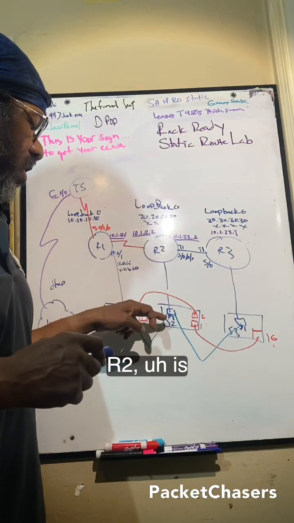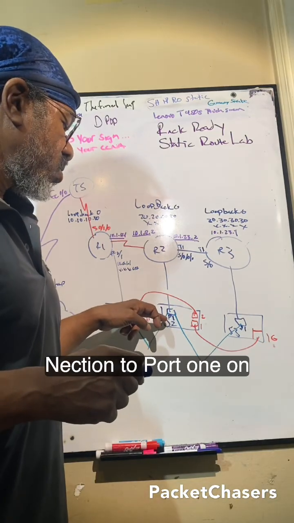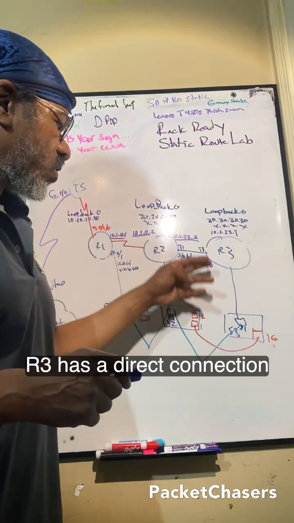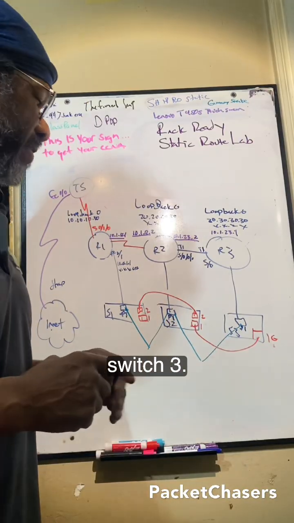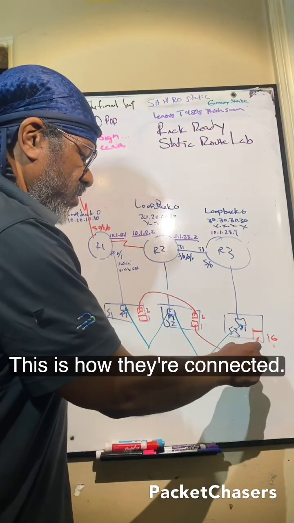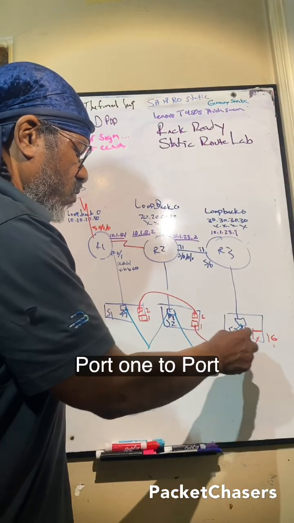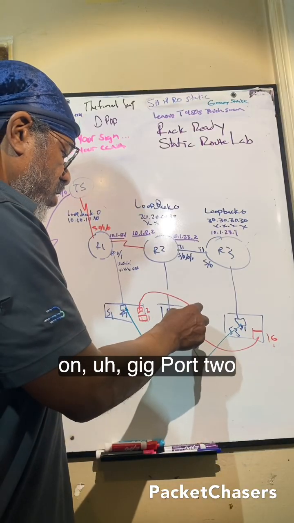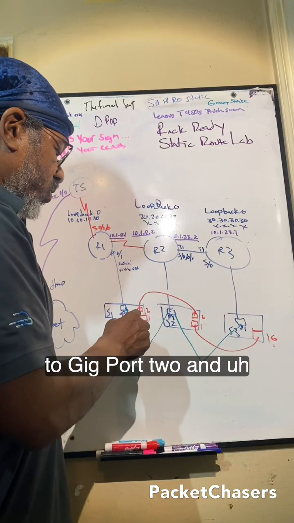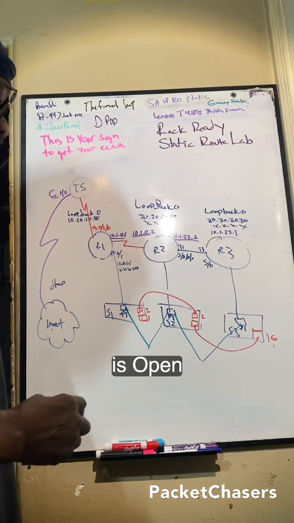R2 has a direct connection to port 1 on switch 2. R3 has a direct connection to port 1 on switch 3. These are 1 gig connections. Switch 3 to switch 2 is on port 1 to port 1. Switch 2 to switch 1 is on gig port 2 to gig port 2. And switch 1, gig port 1 is open.